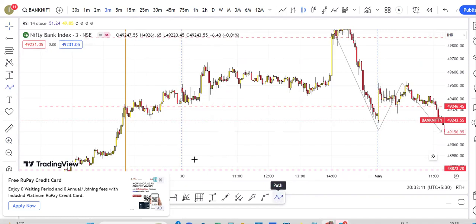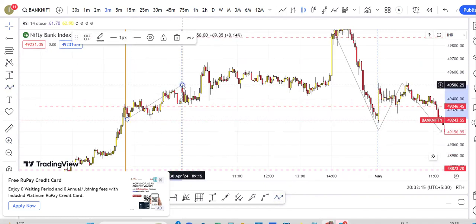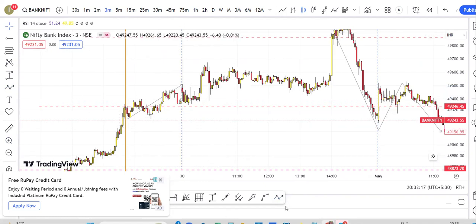Okay. Here, the trend is up. How did it go? The trend has gone sideways. It is not straight up. Now, the opening on that day, on 30th, it was down.